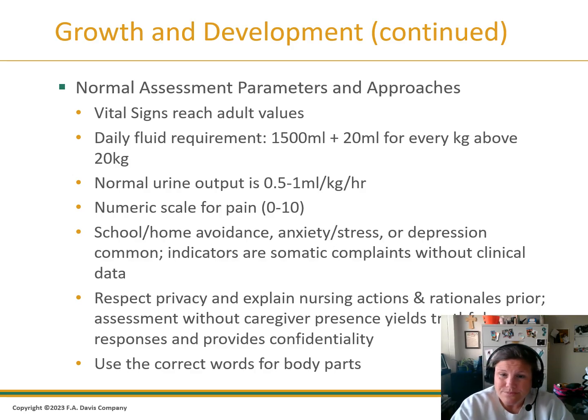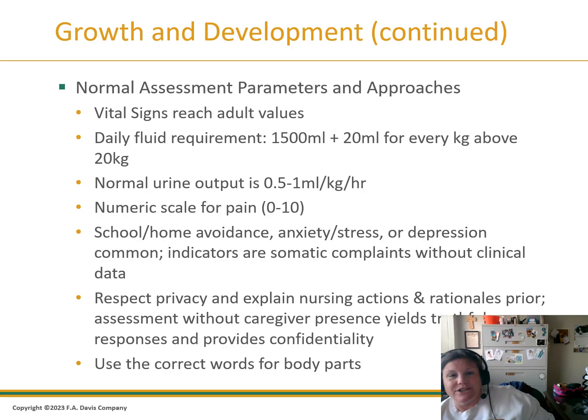So for that patient, you want the difference between 100 pounds and 20 kilos. 100 pounds in kilos would be something around 45. Let me go ahead and do the math for you.